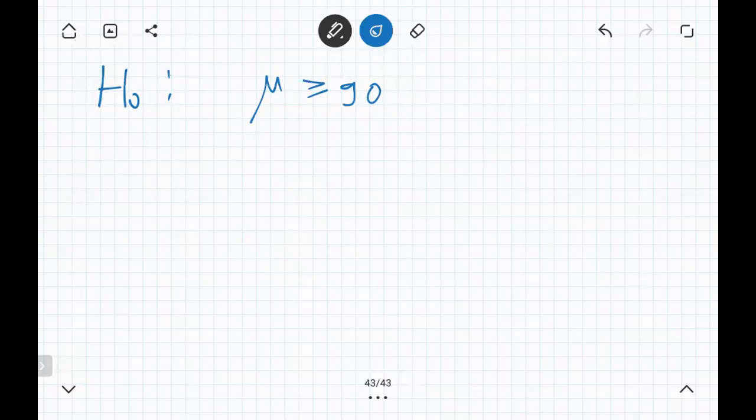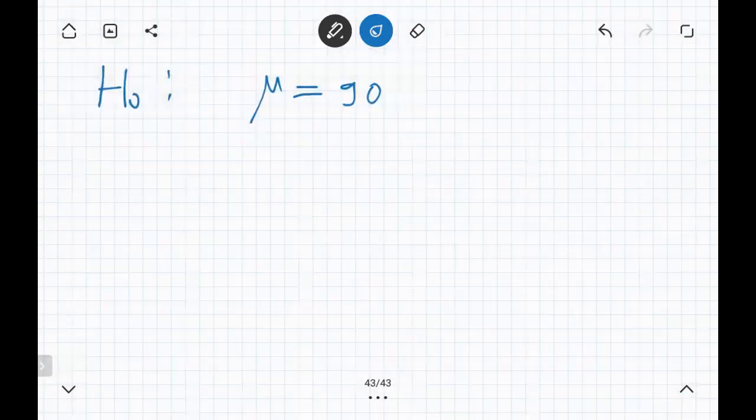So let me check not for the drop, not for the decrease, but for any change. So my null hypothesis will be that there is absolutely no change. The grades did not become higher or lower, they stayed the same on average. And then the null hypothesis will be that the mean value is 90, which is the same as before the quarantine, as we see here.